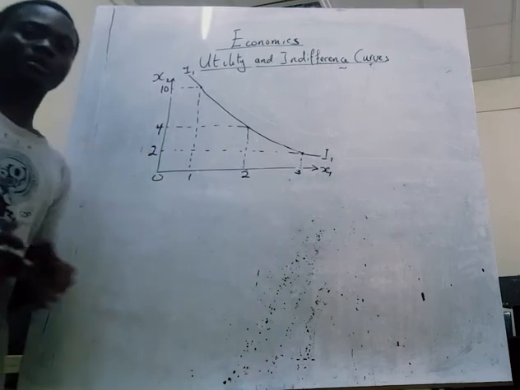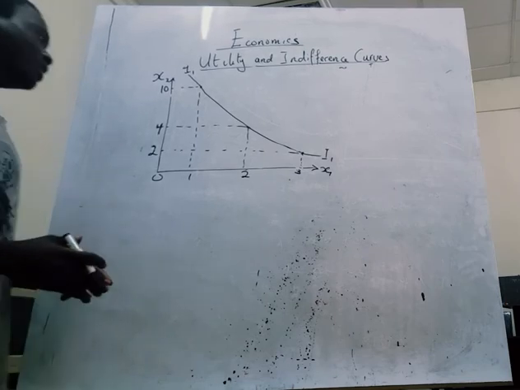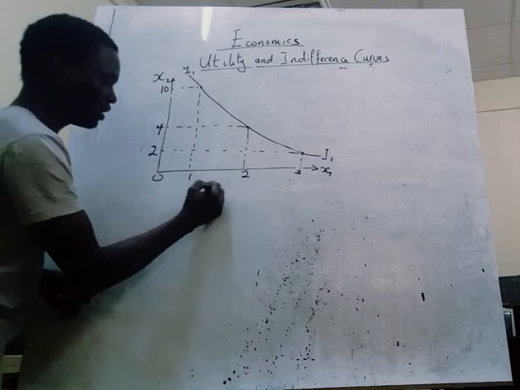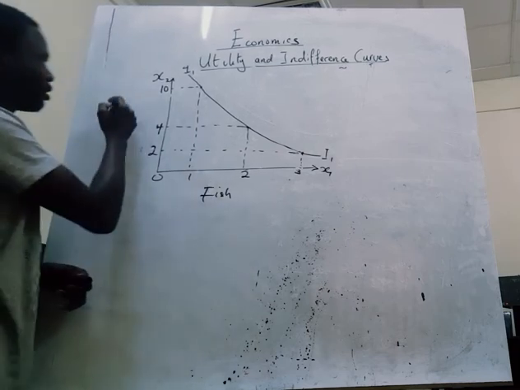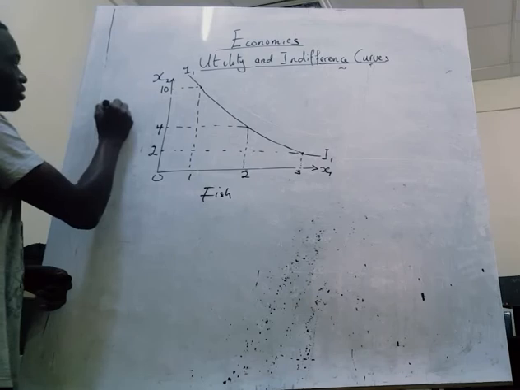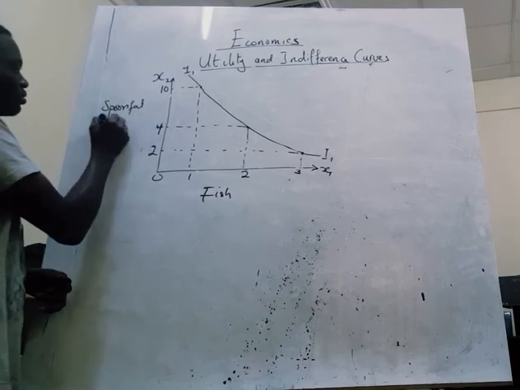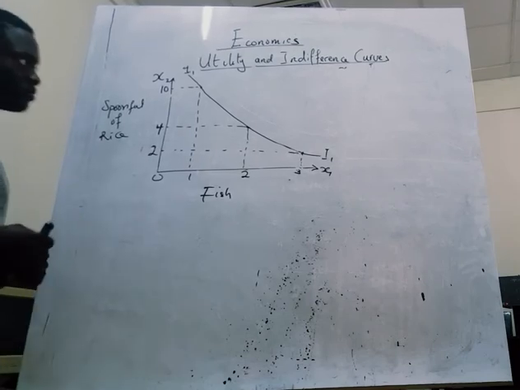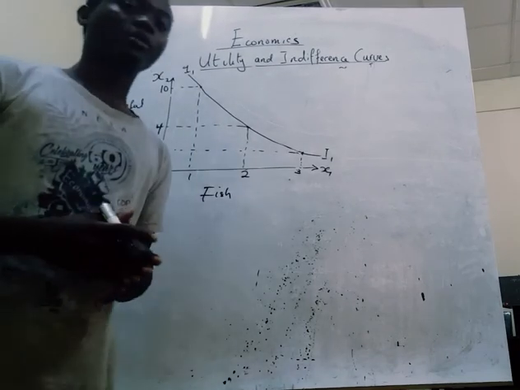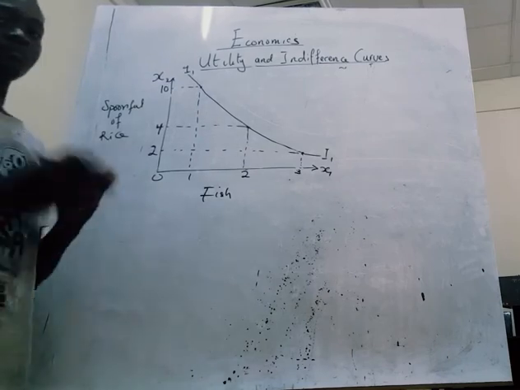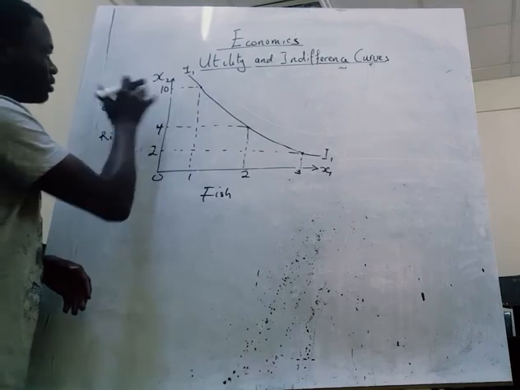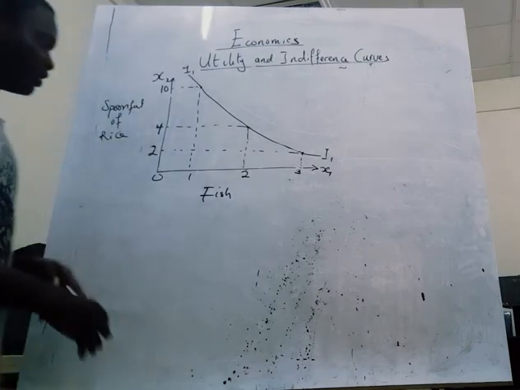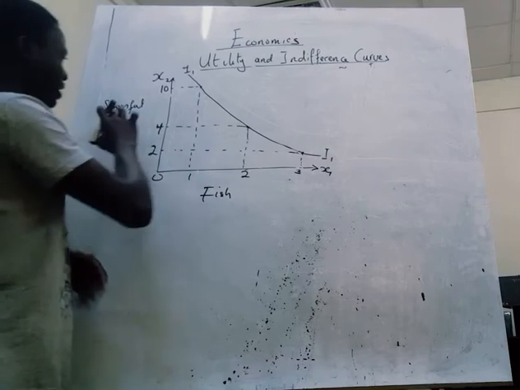Okay, so now going back to the initial story that I told you at the beginning of this video, initially I started with 10 spoonfuls of rice and just one fish. So we have our good x1 being fish and good x2 being spoonfuls of rice.